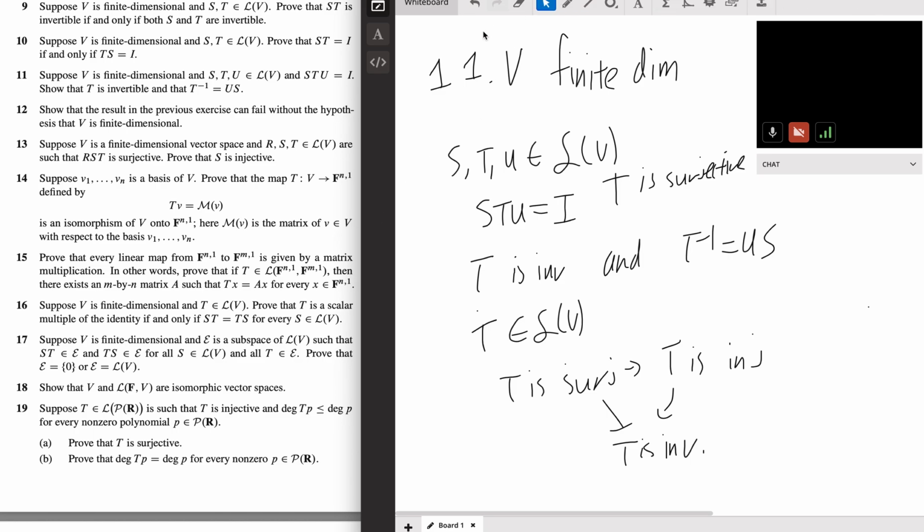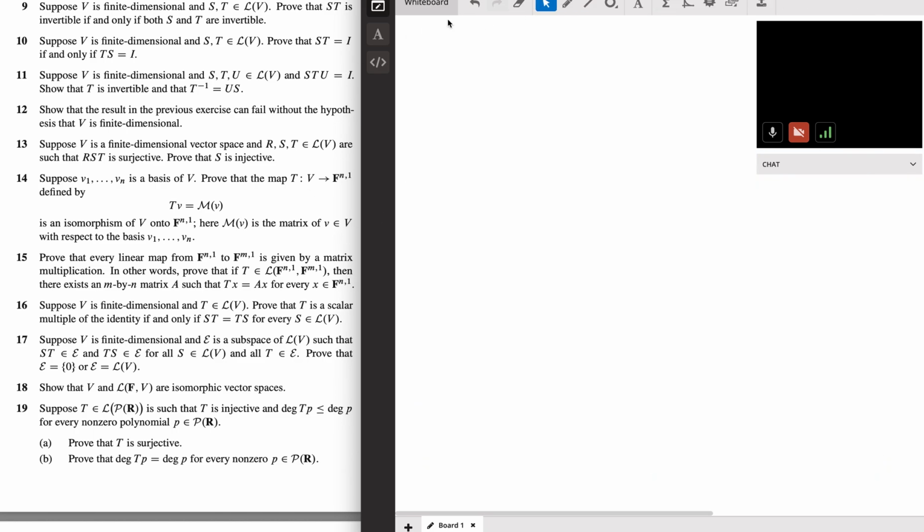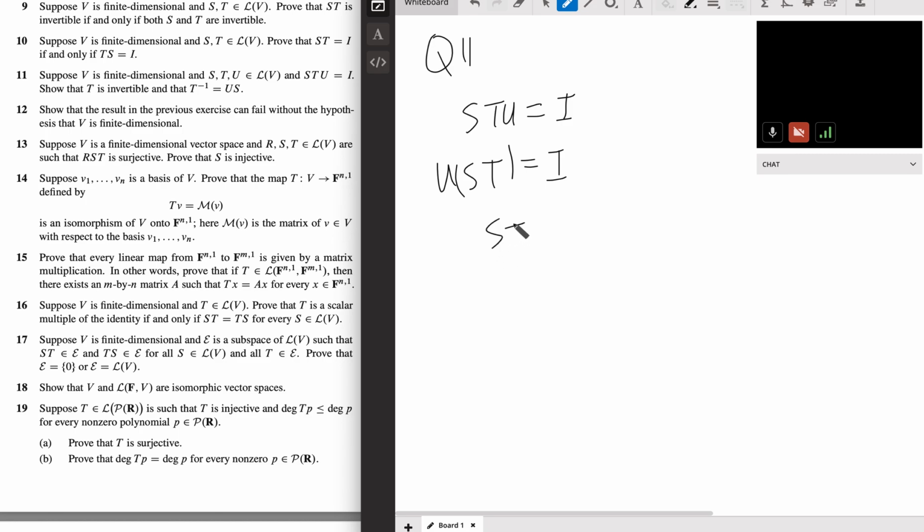So let's bank off of what the previous problem said. We can use question 10. So if we know that STU is I, and in fact ST composed with U is I, that really implies that U composed with ST is also I. So ST is really the inverse of U. Then what you can say is, yeah, maybe this is overcomplicated.